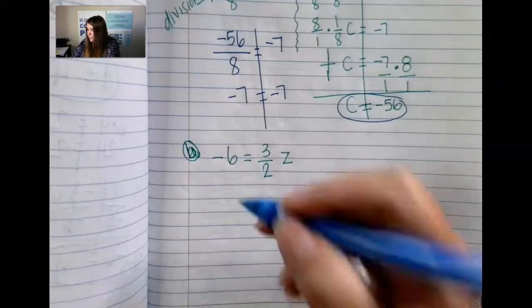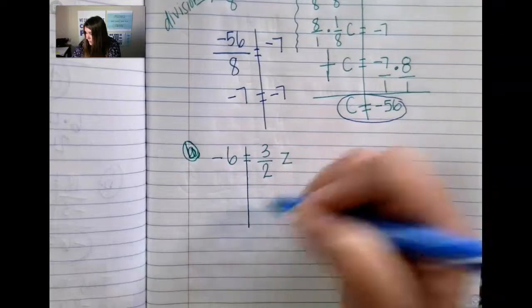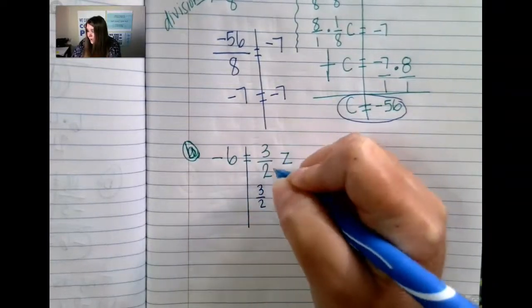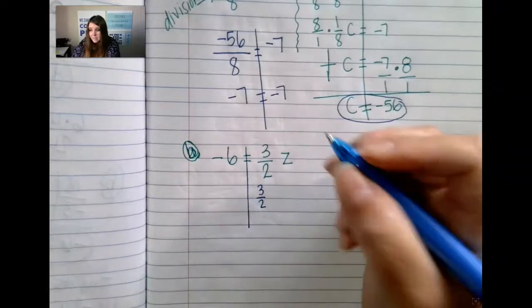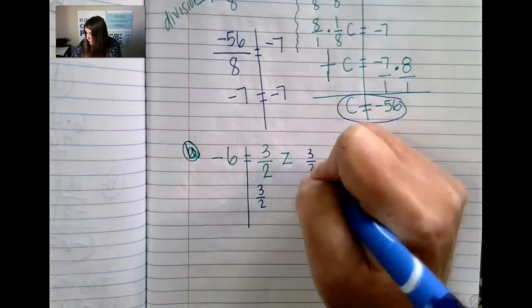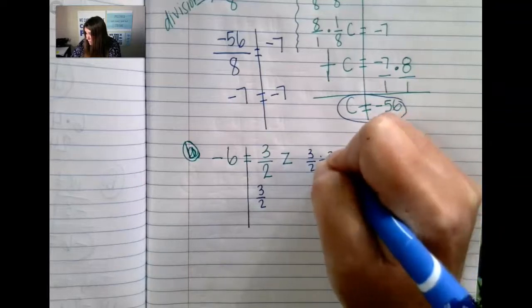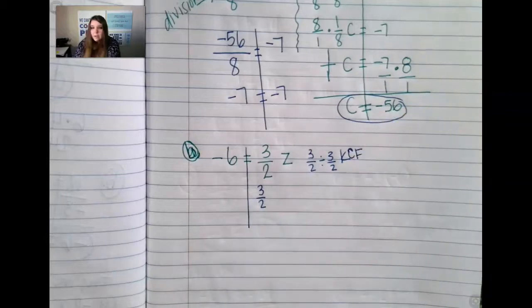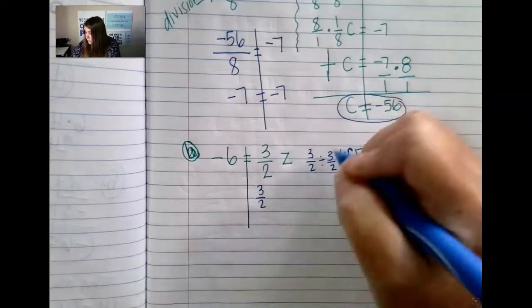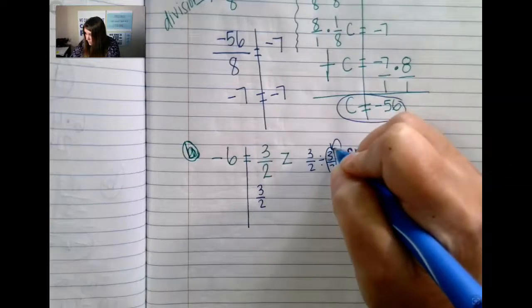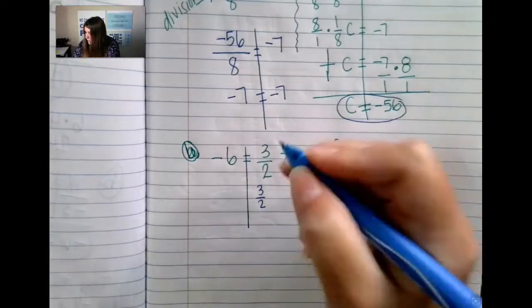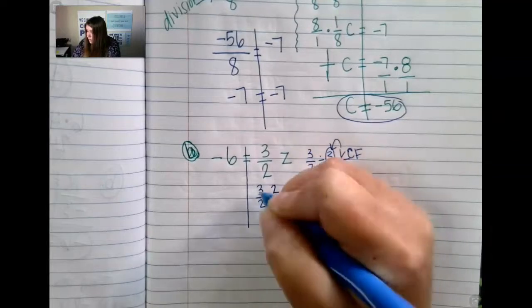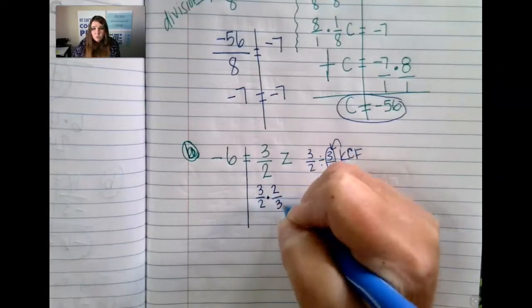So I'm going to draw my balance line, and I'm going to take 3 over 2 and divide the fraction by the fraction. Well, if I divide by 3 over 2, I need to keep, change, flip, right? So I'm going to flip that one over. All right. So now I have 3 over 2 times 2 over 3z.